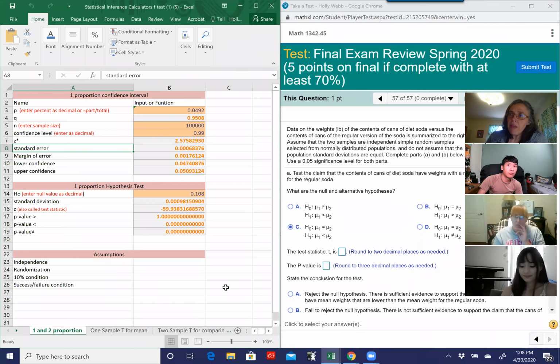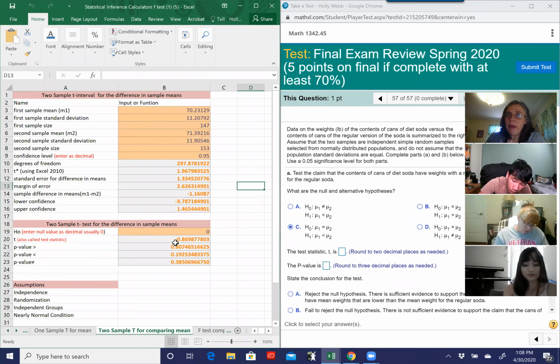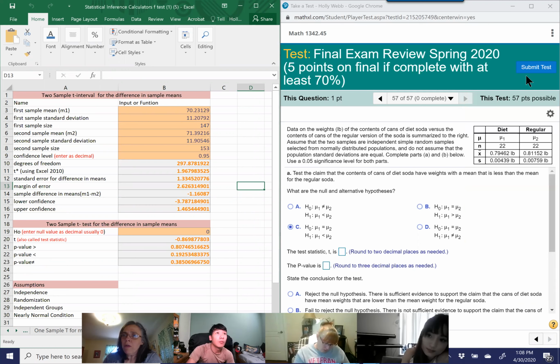We're going to put this in the calculator, but this is a two sample T for mean test. So we're going to go to that calculator. 2 sample T for comparing means. Okay. So we need our first sample mean, our first sample standard deviation, and our first sample size. That's on our table over here.